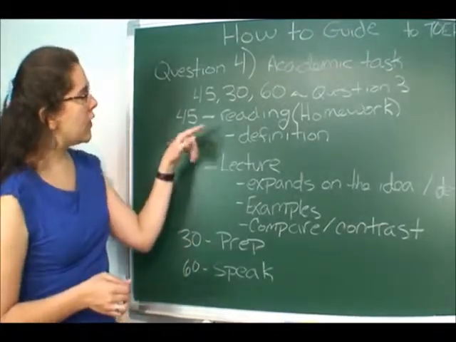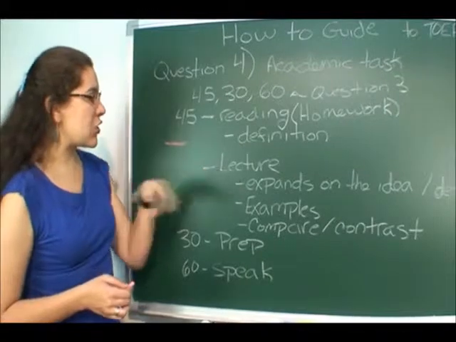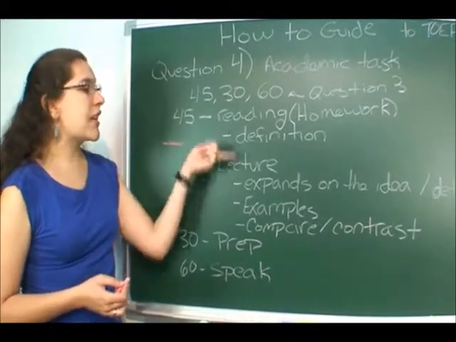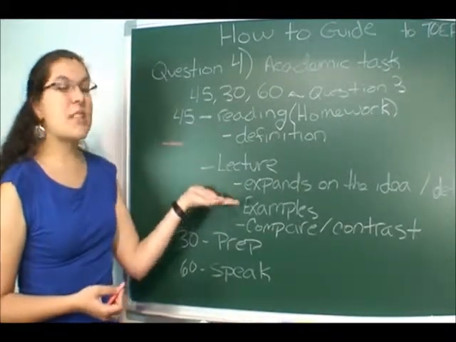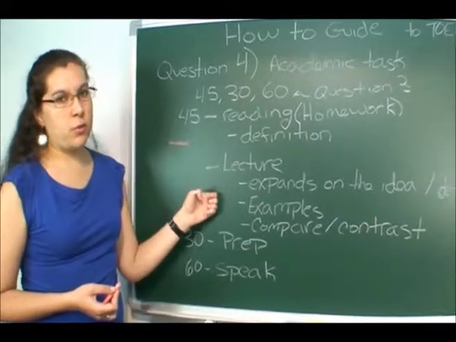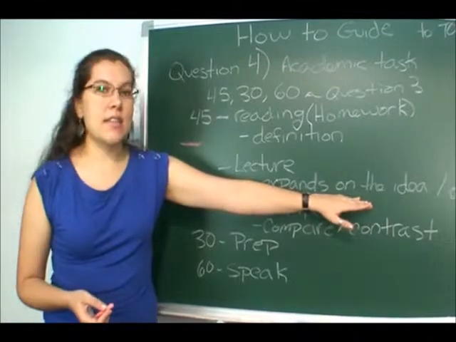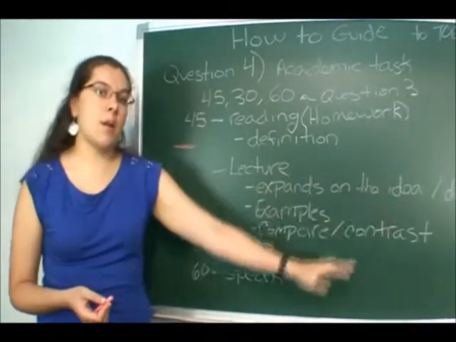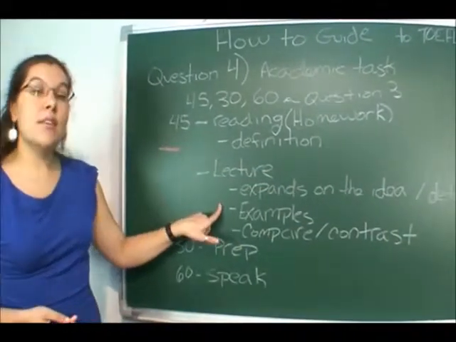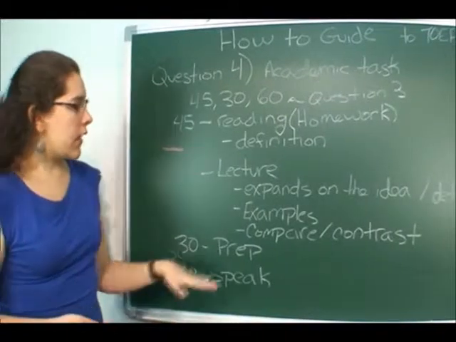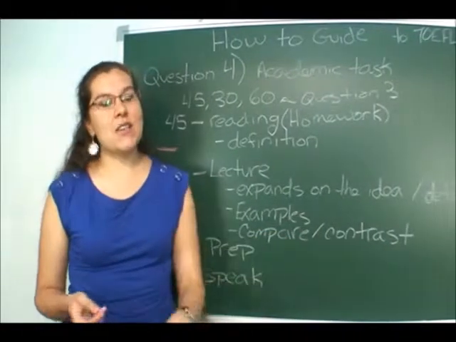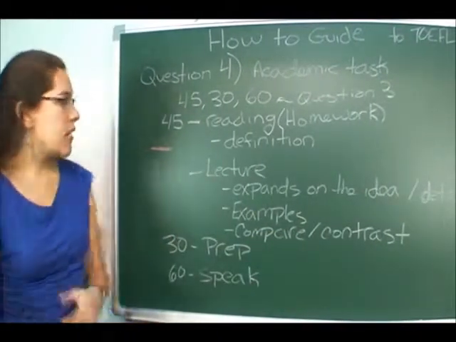So when you are getting yourself from the reading to the lecture, it's important to know the relationship. And these are some examples of what the relationship could be. So you could say the lecture expands on the idea and gives more details, and then talk about that. Or the lecture gives several examples, or the lecture contrasts that idea with a different point.